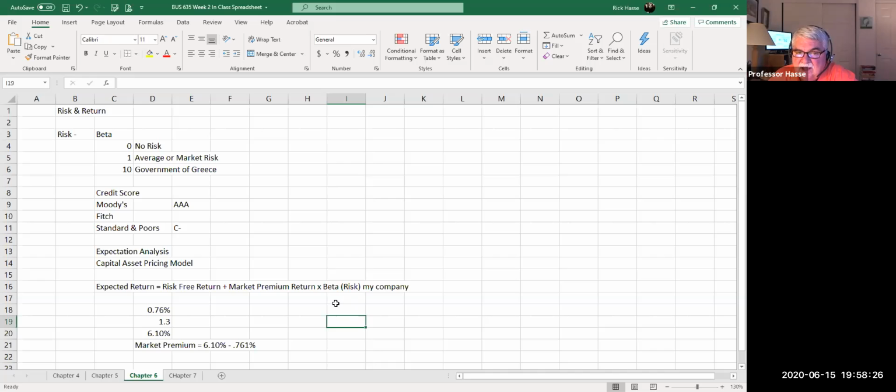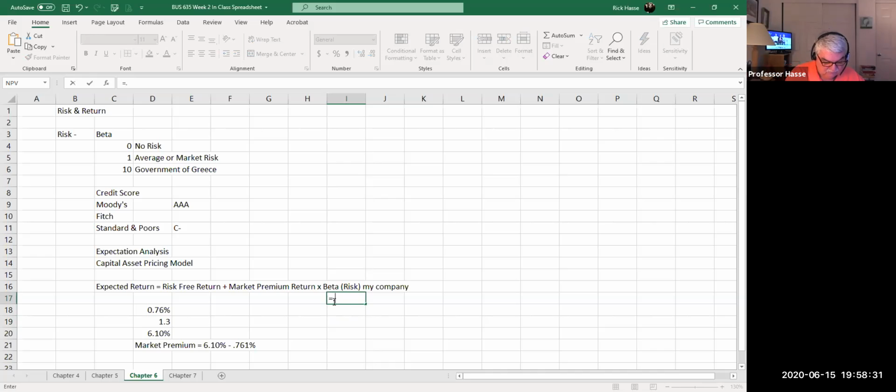So let's put that into a formula. Equals 0.0761 plus, parentheses, 0.0610 minus 0.00761, times 1.3.